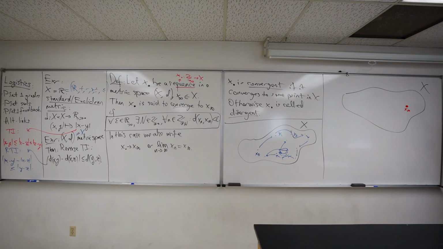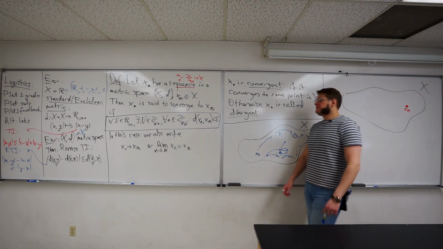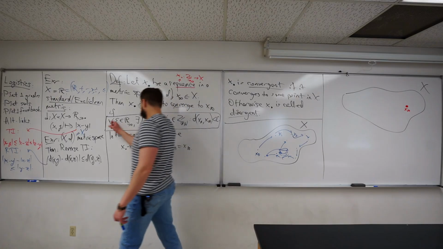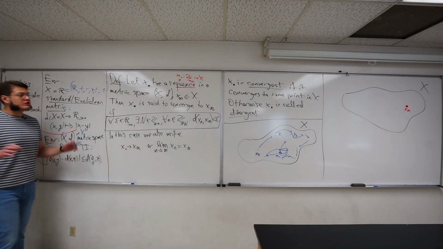We worry rather about approximating things. So I'm not necessarily trying to hit the bullseye. This is my bullseye, imagine. But I want to be as close to it as possible. And so I take an error margin. And that I'm going to call epsilon. Epsilon is my error margin.